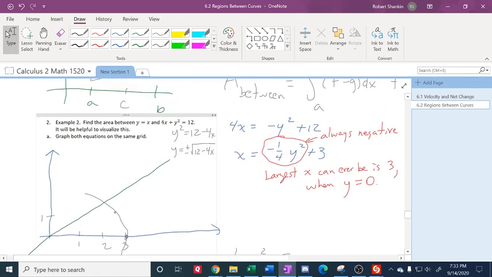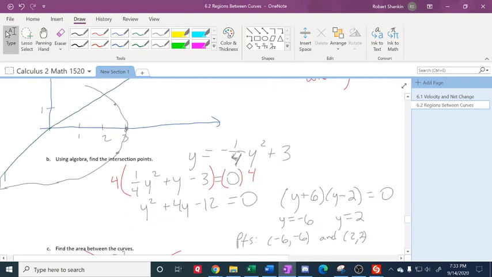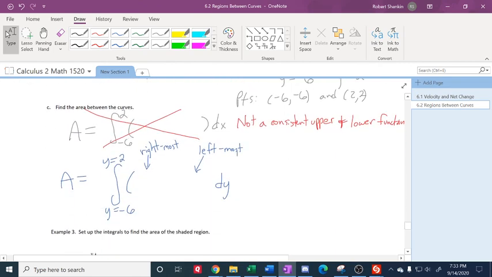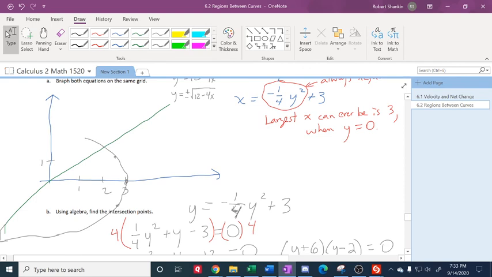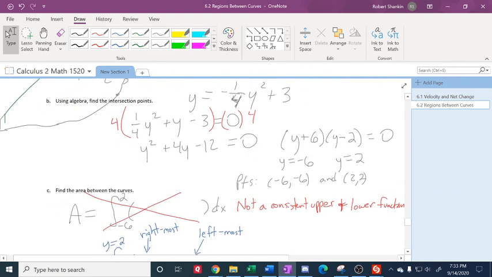Well, if we were going up and down, uppermost minus the lowermost, we want y equals. But when we're going rightmost to leftmost, we want x equals. And so this is what we're going to use right here. The -1/4 y squared plus 3 is the rightmost function.